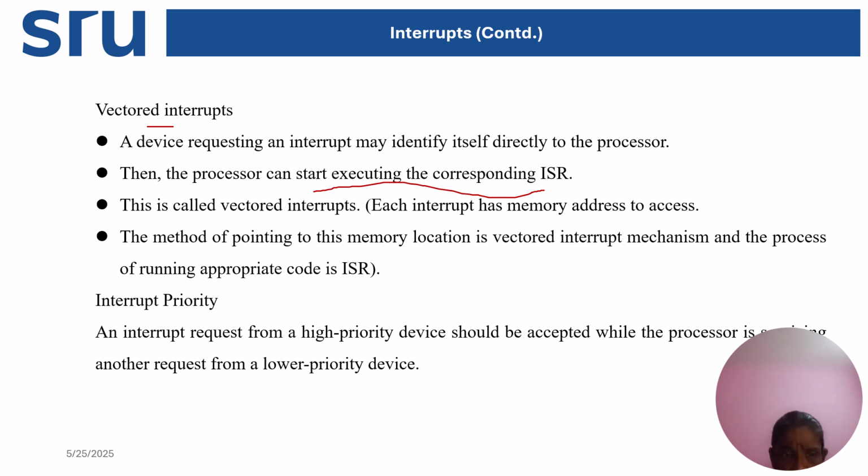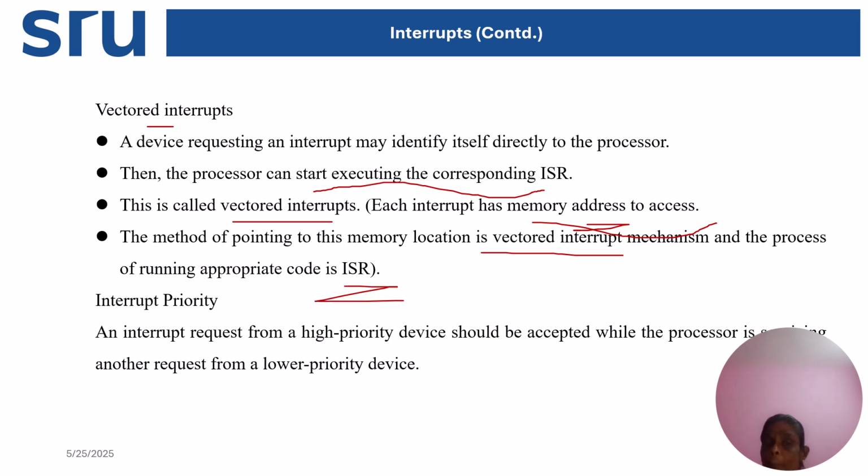So this is called vectored interrupt. Each interrupt has a separate memory address to access, so there is no confusion in identifying the device. The method of pointing to this memory location is vectored interrupt. So once a print option occurs, immediately it will transfer to the print ISR. This is the vectored interrupt mechanism, and the code being run is the print ISR.